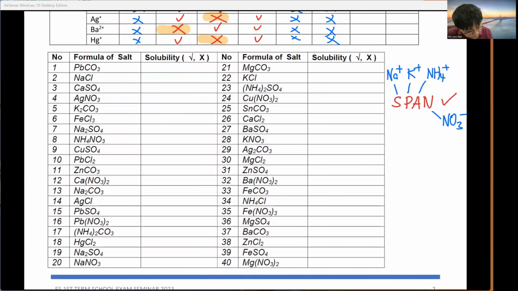So you can see now, sodium, nitrate, potassium, sodium, ammonium, nitrate, sodium, nitrate, ammonium. All this I highlighted is soluble. Anything with K, anything with Na, anything with NO3, anything with NH4 will be soluble.